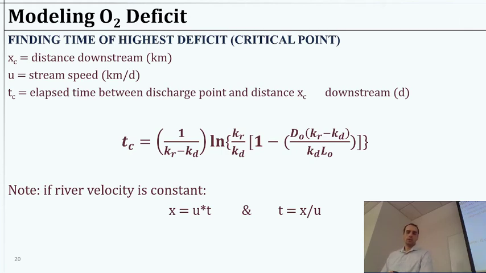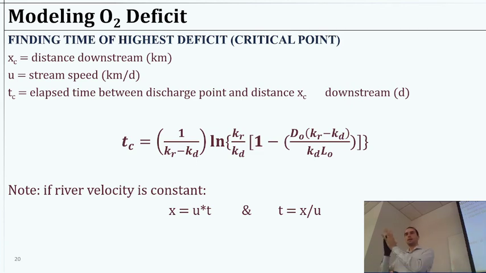So the real things to keep in mind first are the vocabulary. What is each of these components? Recognizing that some of these you can just expect to be given, or maybe that would be your one unknown. Kr is something you solve for. D naught is something you can expect to find some context for, maybe something that you know about your wastewater and your river.